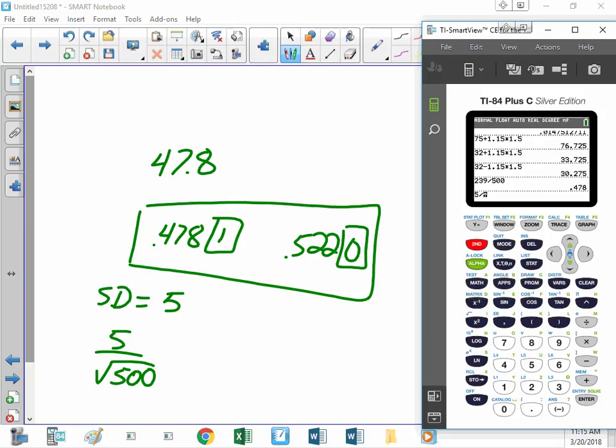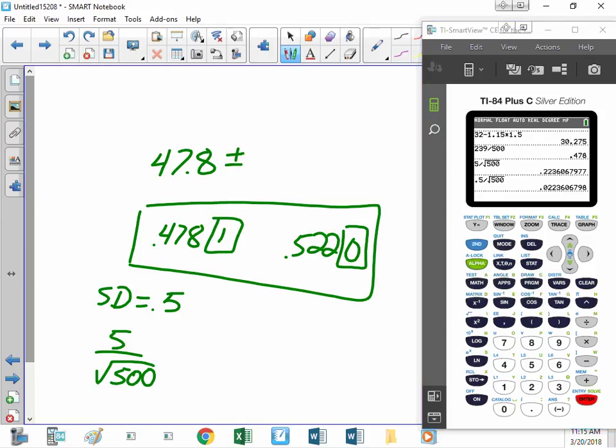And then turn that into a decimal. So it's 2.2%. So 47.8 plus or minus 2.2.